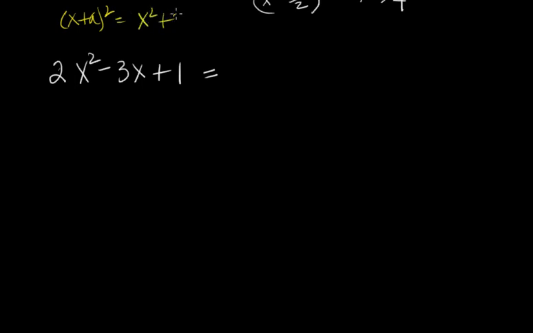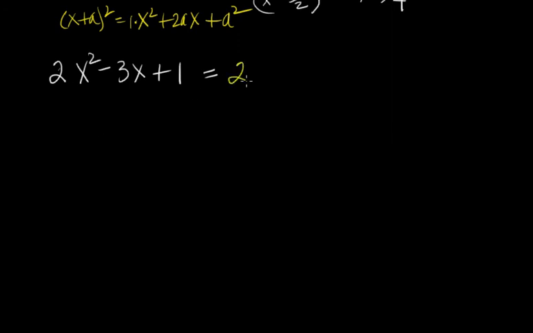So let's take one that doesn't have 1 as the coefficient of x squared: 2x squared minus 3x plus 1, let's say. We want to complete the square. Our pattern is x plus a, the quantity squared, equals x squared plus 2ax plus a squared, so the coefficient on x squared in this pattern is 1.